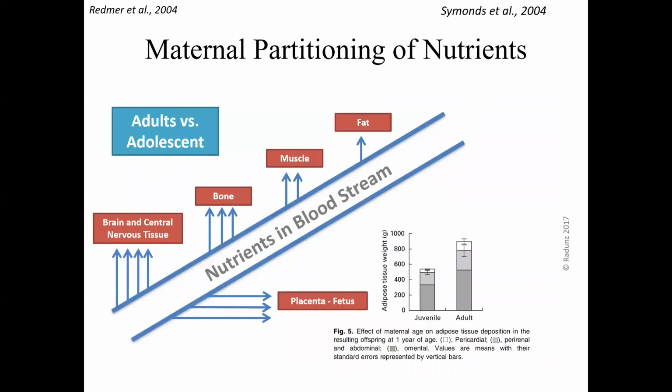If we then look at how nutrients are partitioned in the dam, this graph shows nutrients in the bloodstream, and we see that brain and central nervous tissue from the dam get the first pull of nutrients, followed immediately by the placenta before bone, muscle, or fat development in the adult animal take place. So that fetus has a draw on nutrients from the bloodstream right after that animal meets its own maintenance requirements for brain and central nervous function.